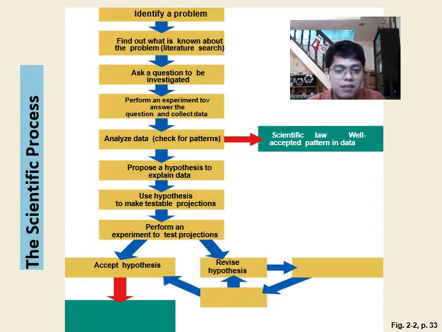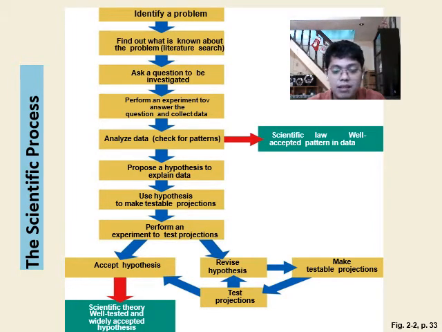But if it needs revision, then we need to make more testable projections. So after making another testable projection, we test it again through an experiment. And if it's accepted, then that's a scientific theory that is well tested and widely accepted.